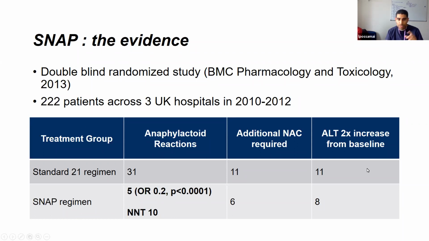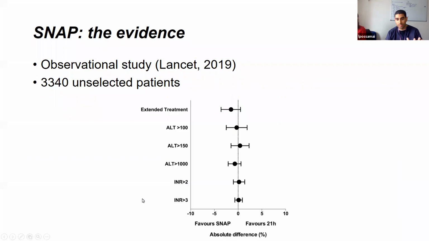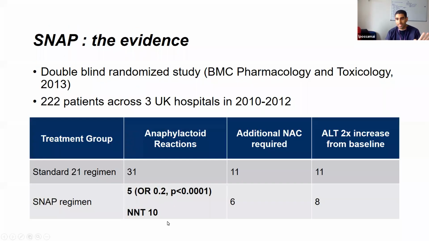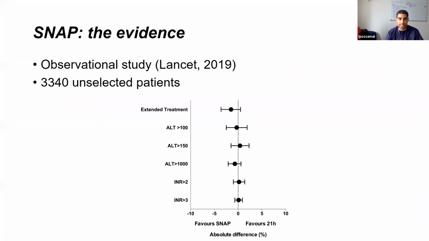And as this table shows, what they found was that if SNAP was followed exactly as they proposed, with repeat blood tests taken at the correct times and acted upon appropriately, then SNAP was as effective in preventing liver injury as the 21-hour regime. And critically, it generated a statistically significant reduction in anaphylactoid reaction, with the number needed to treat of just 10 to prevent one reaction. That's a pretty good statistic.